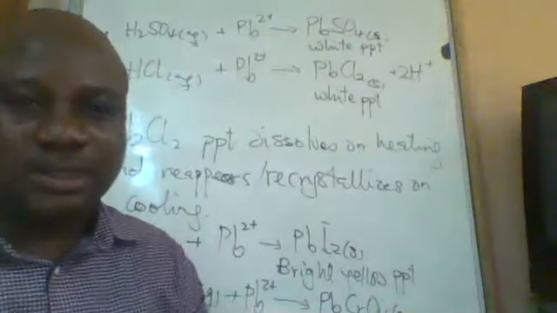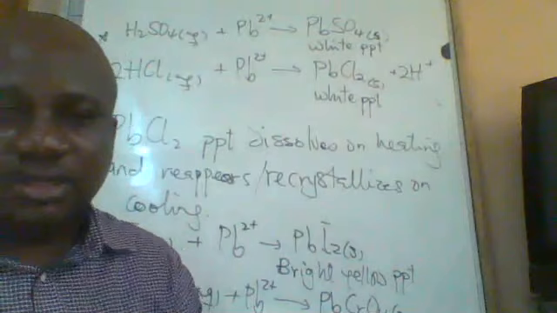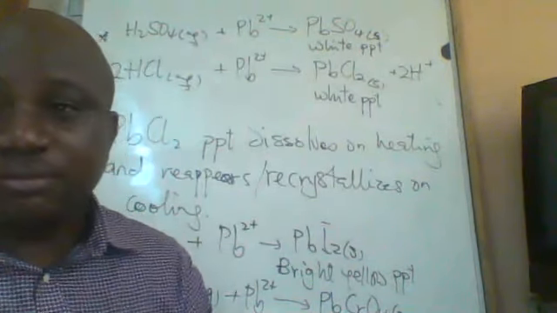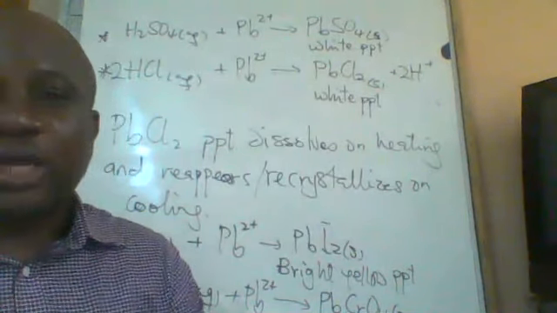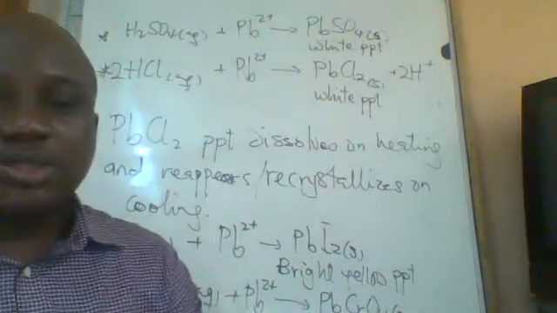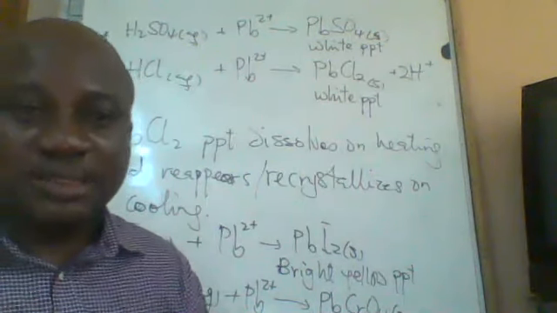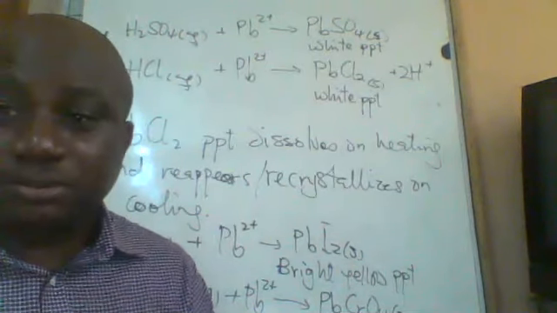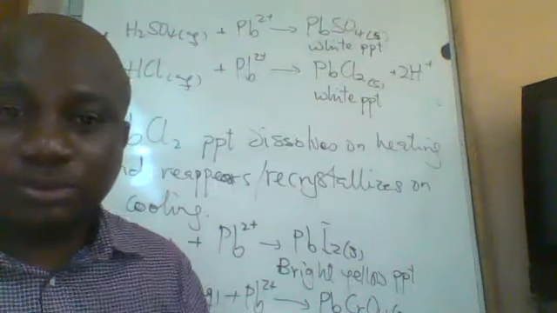Right. Now, when it comes to calcium, you can use sulfuric acid. And in fact, calcium with sodium hydroxide alone, you can confirm it. Because we know that for calcium, when you use dilute sodium hydroxide in drops, you are going to get a quite chalky PPT. The PPT is insoluble in excess. With this alone, you can confirm the calcium. As for ammonia, it does not even react with it at all.